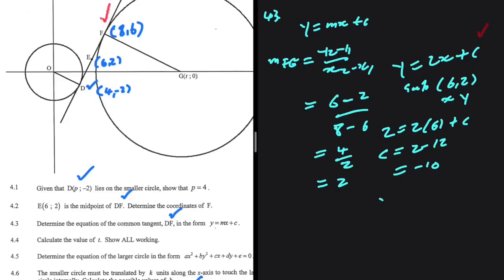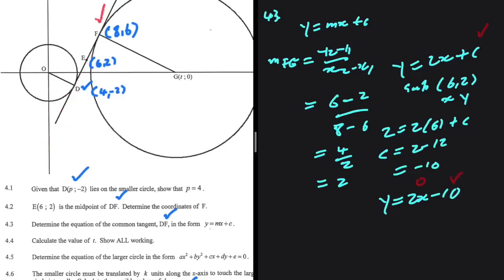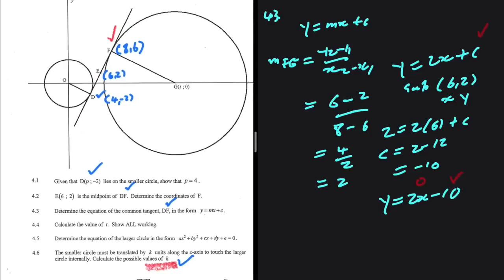So we have y is equal to 2x minus 10. Okay, it makes sense because when x is 0, y is equal to -10, and if you look at this line, it makes sense that the y-intercept, when x is equal to 0, is -10.